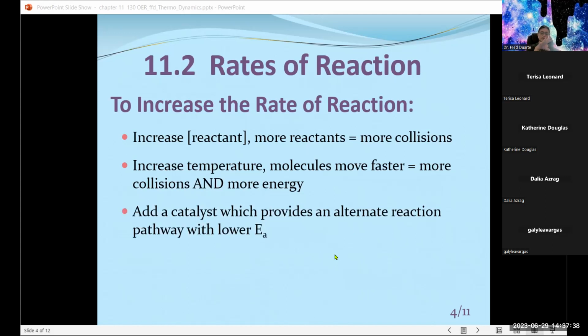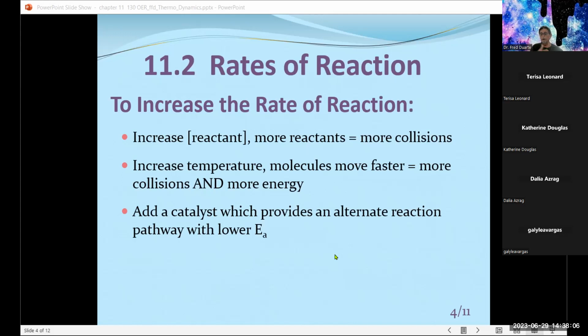Temperature has a lot of things that help it along, but at the same time you better be careful. Or, as I mentioned earlier, we can add a catalyst. A catalyst is a species that will lower the energy of activation. Let's say, for argument's sake, that this reaction requires 100 units of energy. Well, a catalyst may fix it, so maybe it now needs only 10 units of energy.